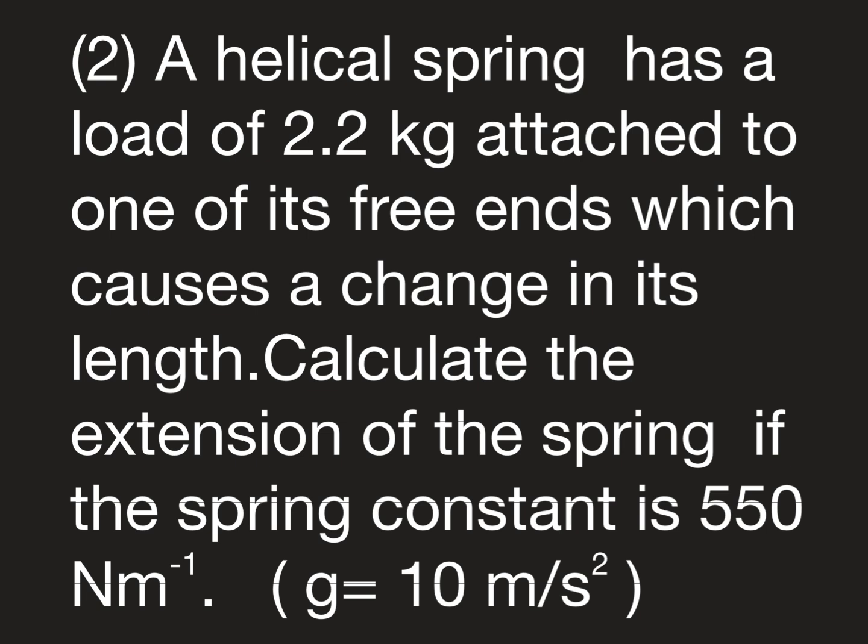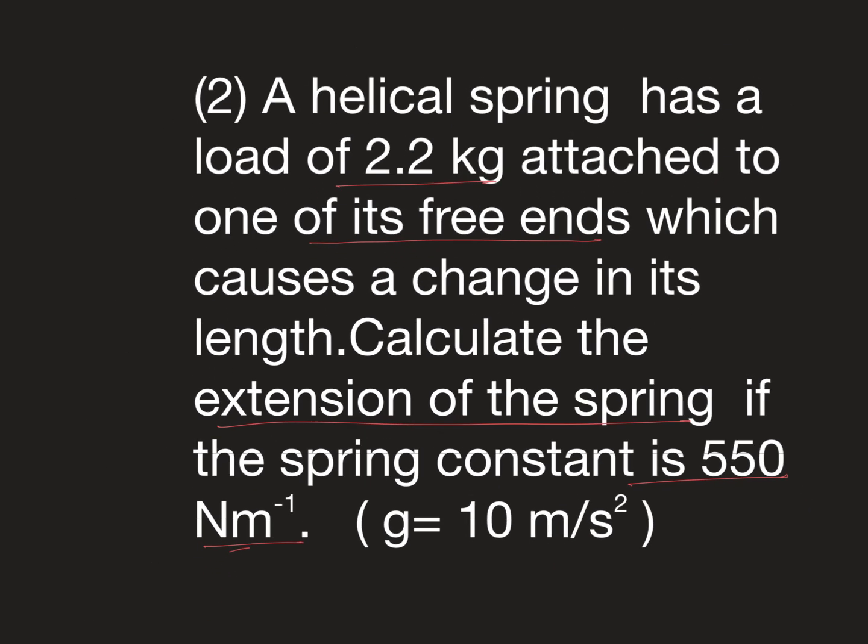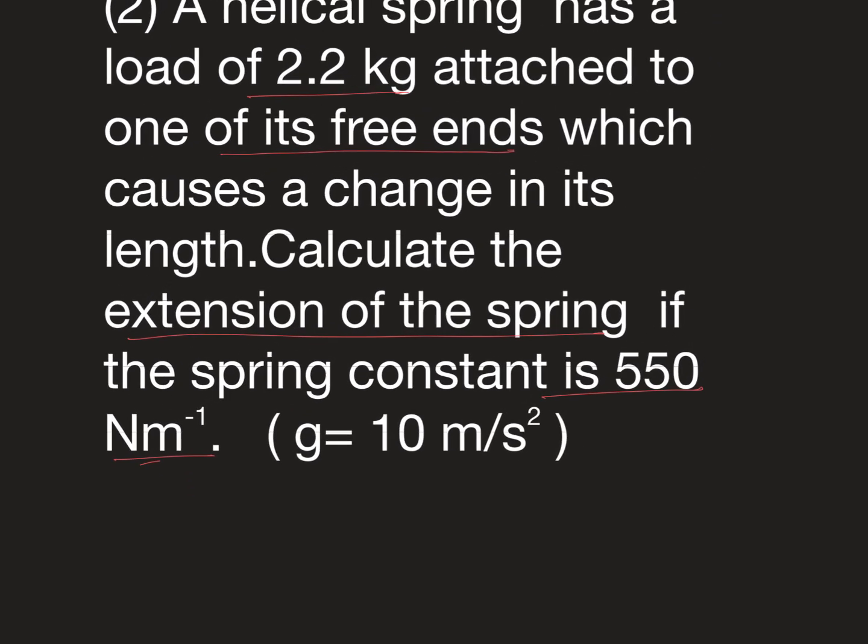All right. To the next question, it reads, a helical spring has a load of 2.2 kilograms attached to one of its free ends, which causes a change in its length. Calculate the extension of the spring if the spring constant is 550 newtons per meter. Solution.